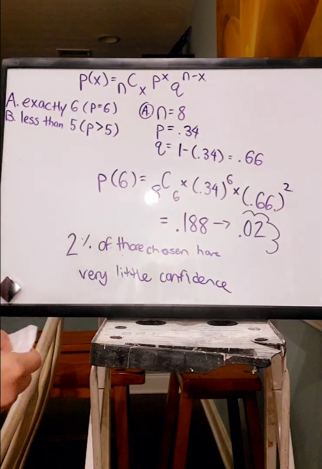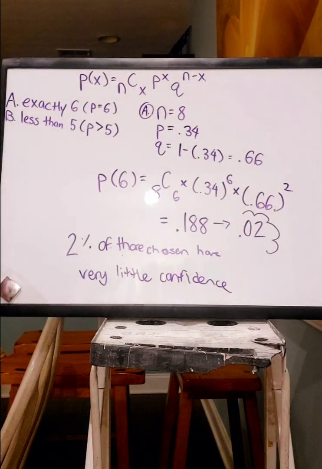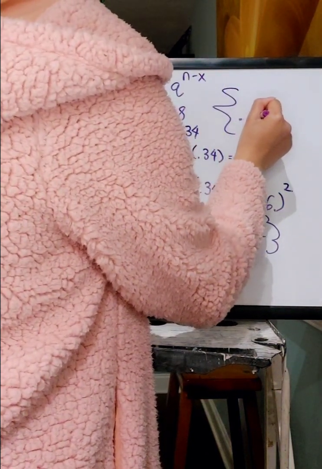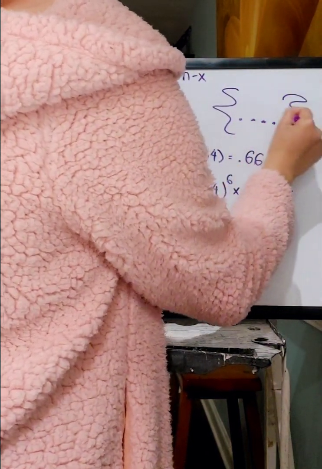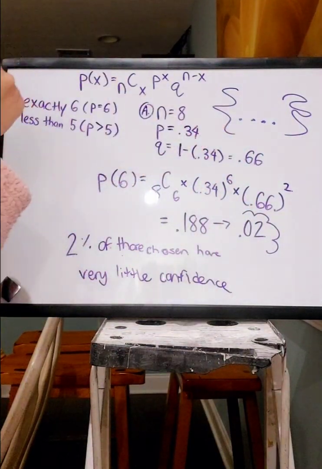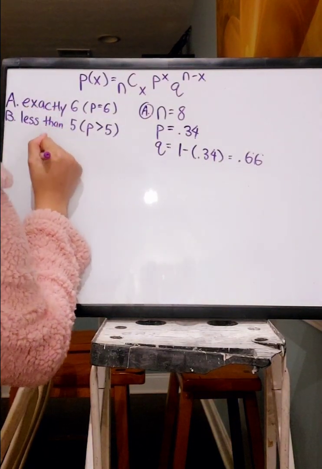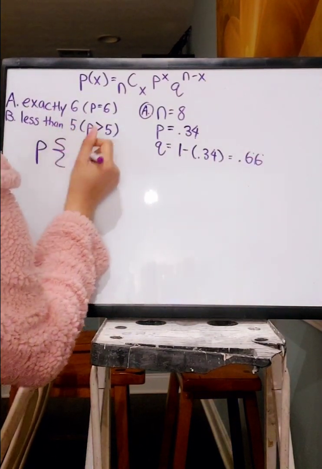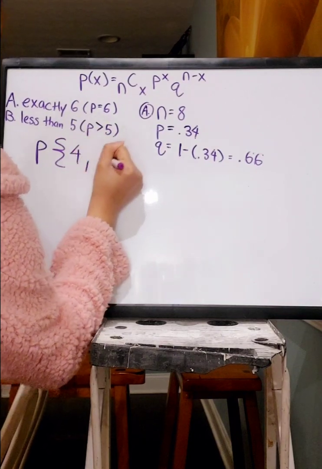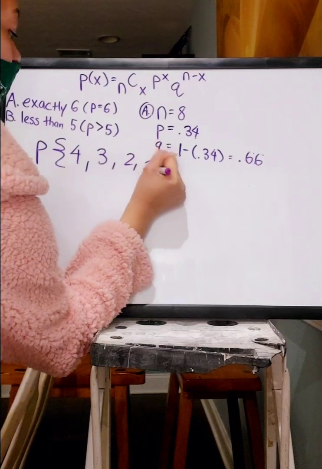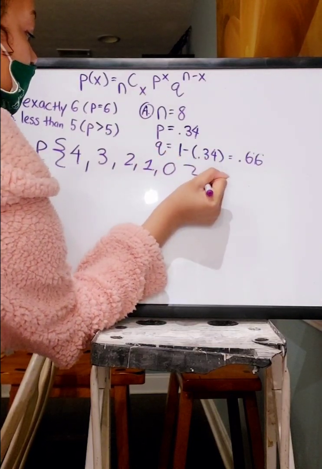This is when the number of variables that look like this are going to come into play. So since X is less than 5, X is going to equal every number below 5, going all the way down to 0. So we're going to have 4, 3, 2, and 1, and of course 0.